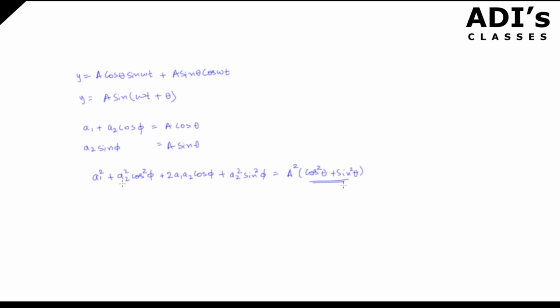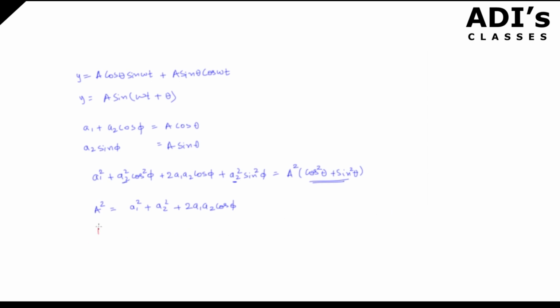Okay, now we got this. To find the amplitude, see, the intensity is basically the square of the amplitude, correct? So we had A1 plus A2 cos phi, this is basically A cos theta, correct? And A2 sin phi, we named it as A sin theta.